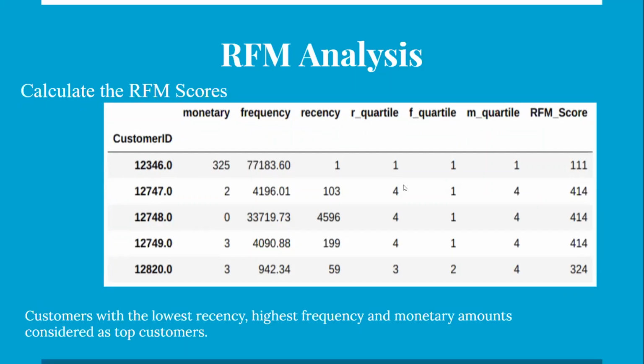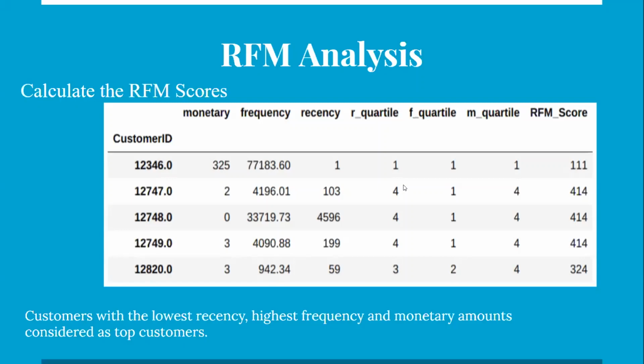So for a value like 111, those are the best customers of the e-commerce store. The first digit represents the R. That means they are the ones that bought most recently, and they bought more frequently, and they had a high monetary value compared to the others.